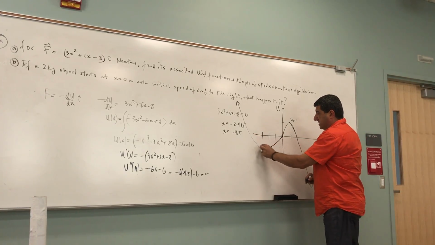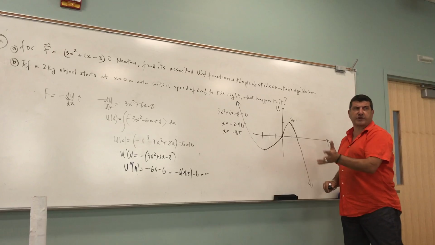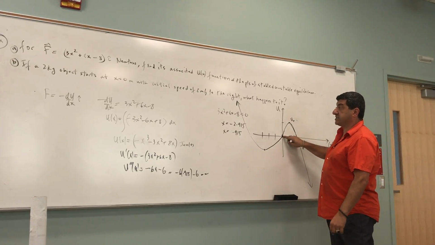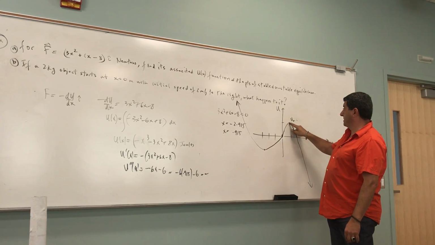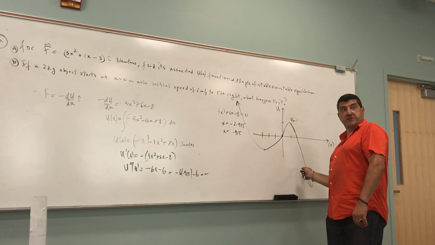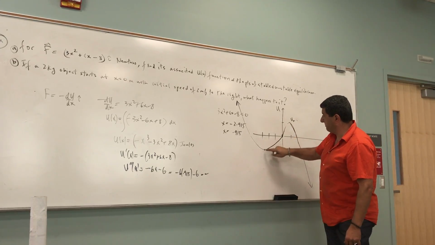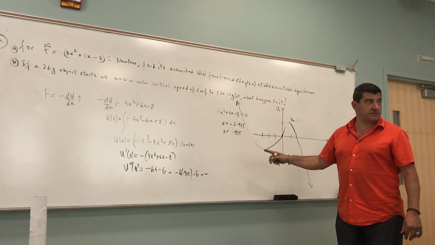It would oscillate and come back and forth, and we're assuming there's no friction in this space. But since you're giving it a kick, it might have enough energy to go over, or it might go up, stop, then come back, and oscillate forever.